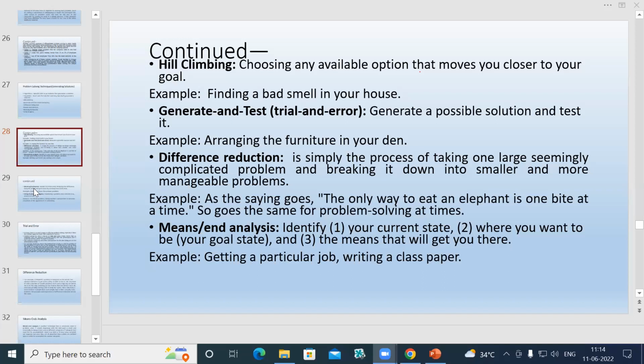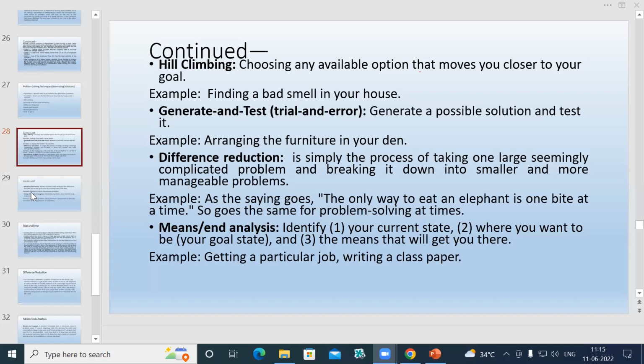Next is difference reduction. So it is simply the process of taking one large, seemingly complicated problem, then breaking it into smaller and more manageable problems. Sometimes a problem is very complex. Okay, it is very broad, it is very large. So what we do, we are not having an immediate solution. So what we have to do, we have to break it into smaller parts so that we can manage that problem.